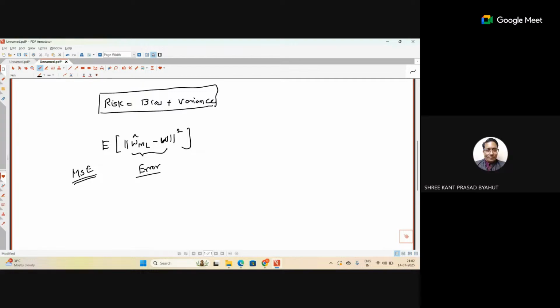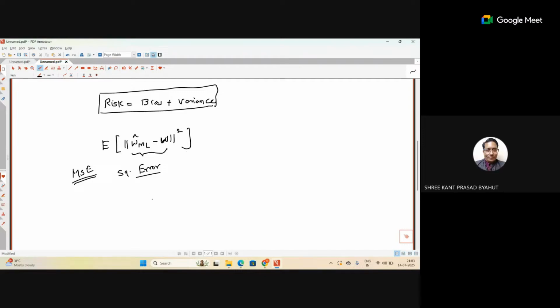No. It is the error between the actual W, that parameter. We are not talking about the labels of the linear regression now. Here we are talking about the error between the parameter. This is a squared error between this parameter, and we find out its expectation.